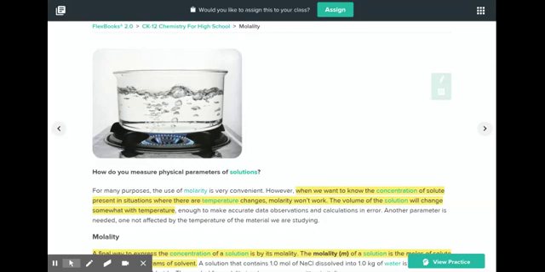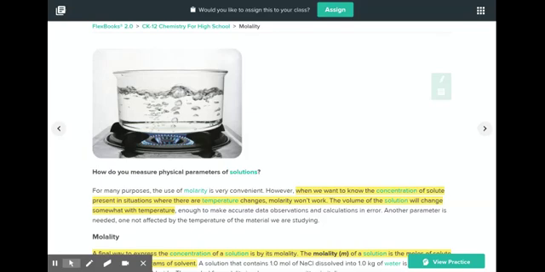The reason why we have a different term for concentration of the solution is that most of the time we use molarity. However, when we want to know the concentration of a solute in a situation where there are temperature changes, molarity won't work.